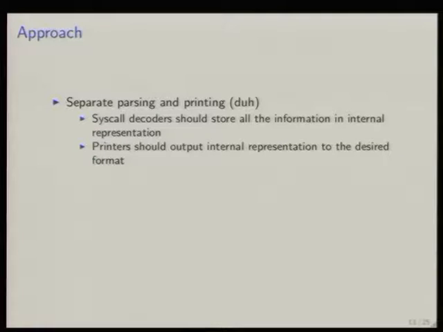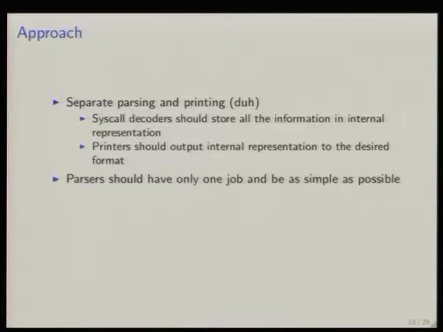It would be much better if we free them from this burden and make all syscall decoders just do decoding, and add some printers which would do printing from some internal representation.